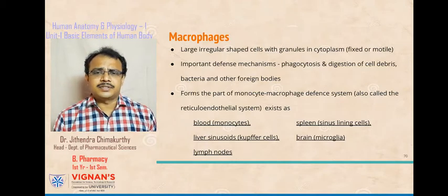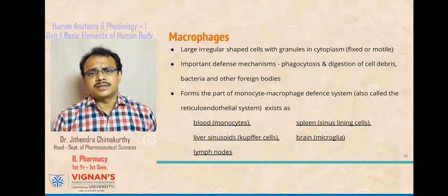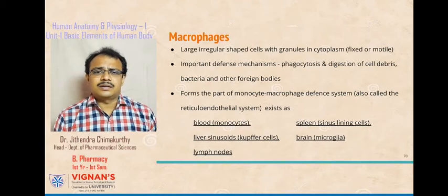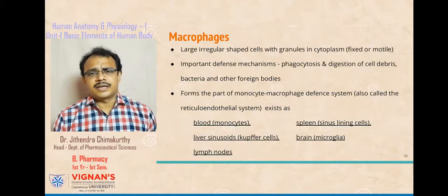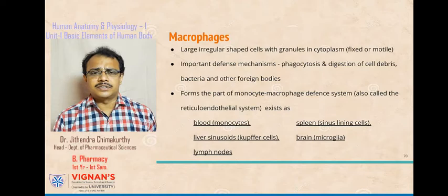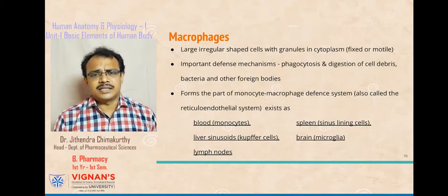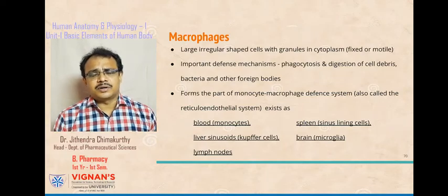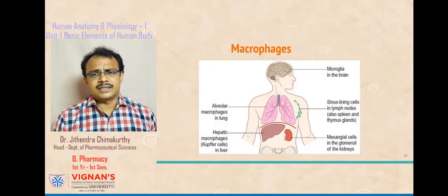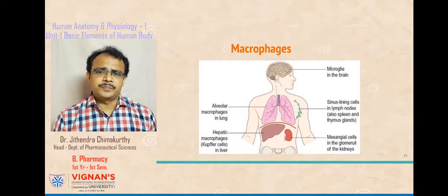Some of these macrophages are fixed by adhering to the collagen fibers, whereas some macrophages are motile, and these macrophages play an important role in the body's defense mechanism. These macrophages are phagocytic in nature, and they are involved in phagocytosis of cell debris, bacteria, or any foreign bodies which are ingested into the body.